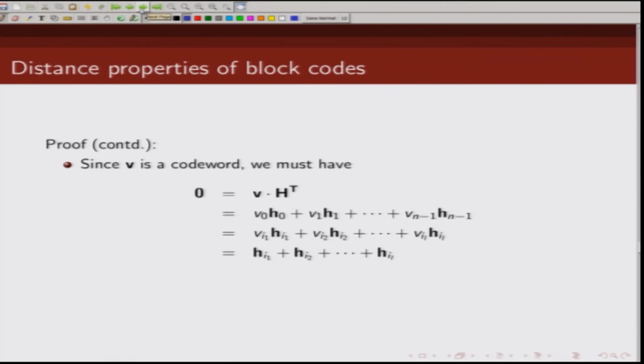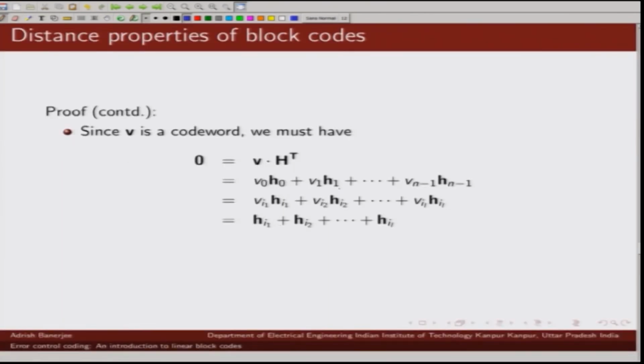Now, we know that if V is a valid code word, then VH transpose is equal to 0. This we can write as V0 times H0 plus V1 times H1 plus V2 times H2 plus up to Vn-1 times Hn-1.